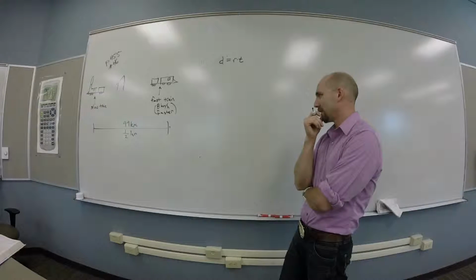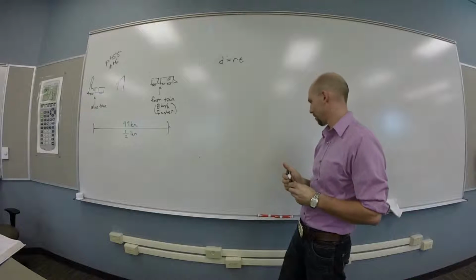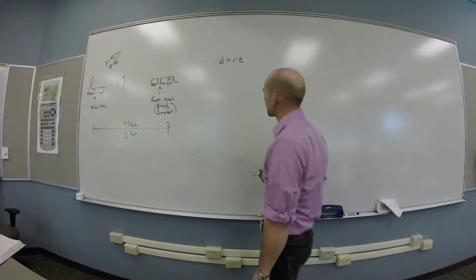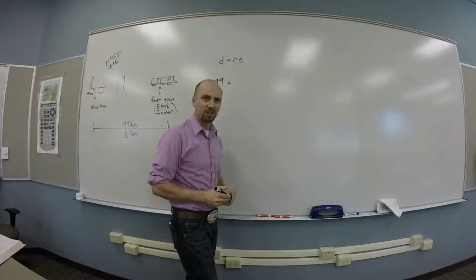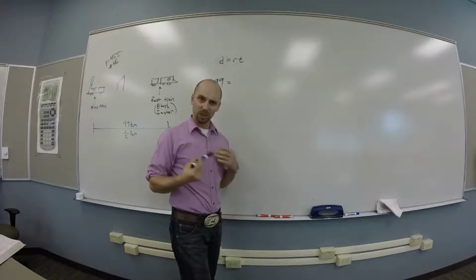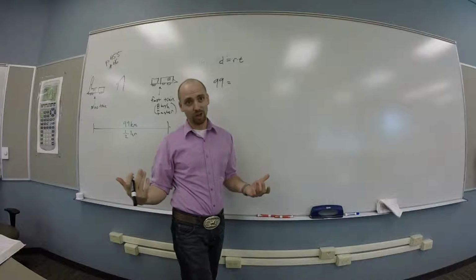I should probably think about something a little bit different though. I think 99 ought to go in for distance, but then something strange is happening, right? Because there's one train and also the other train.